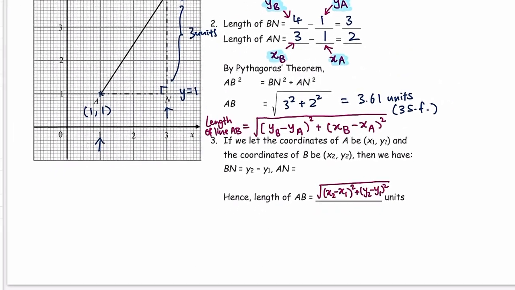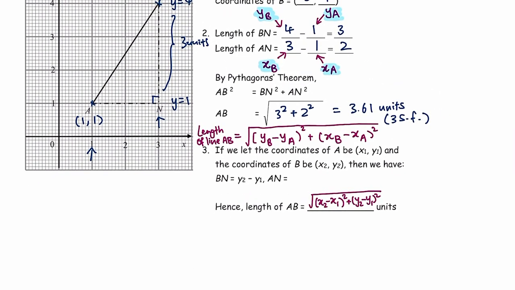So what we will do is, I'm just going to highlight the line that points this out. So if we're just going to let the x coordinate of A be x1, y coordinate of A be y1, and then the x coordinate of B will be x2, and y coordinate of B be y2, and then that's that.